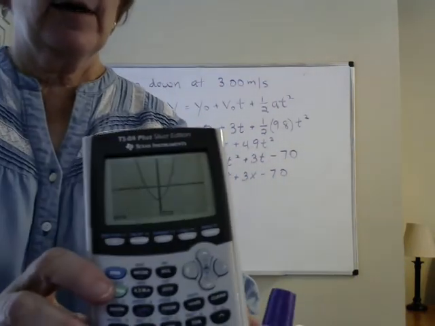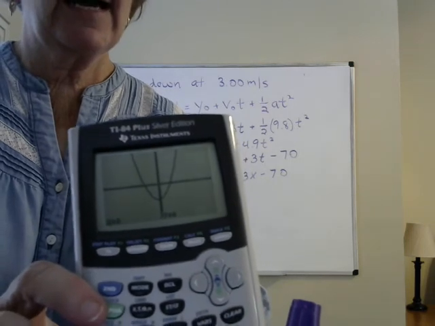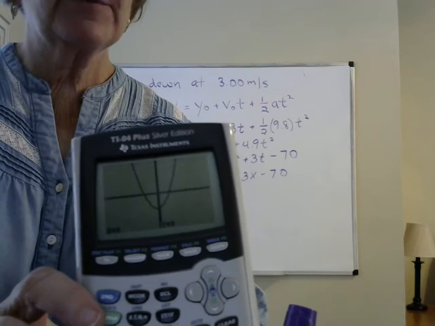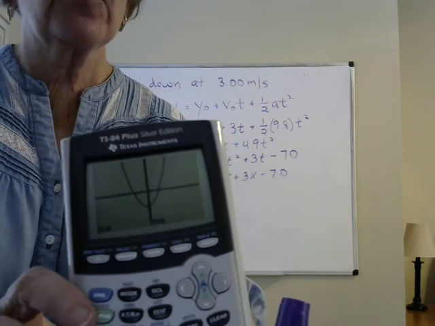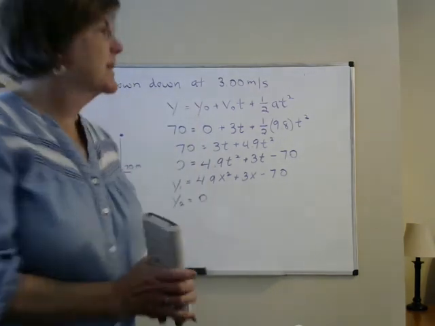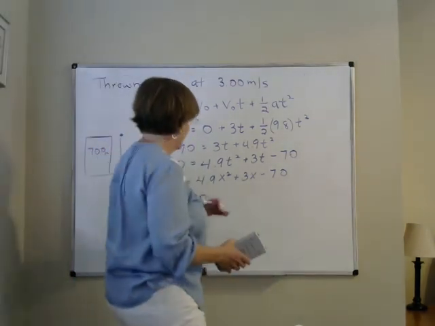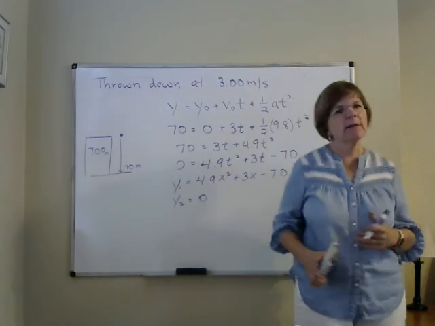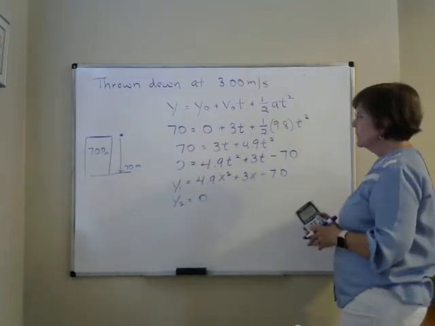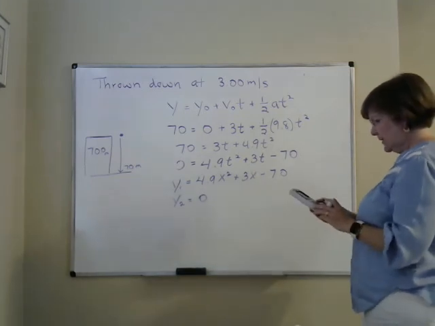Oh, there you go. I zoomed in and you can see I have a graph of a quadratic function. There's two places where that graph crosses the x-axis, or where that graph is equal to 0. Obviously, the time cannot be a negative number. So even though this has two solutions, a negative and a positive solution, I know that the only correct solution is the positive one.